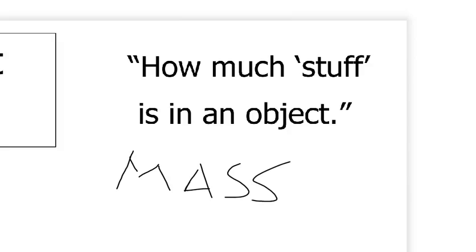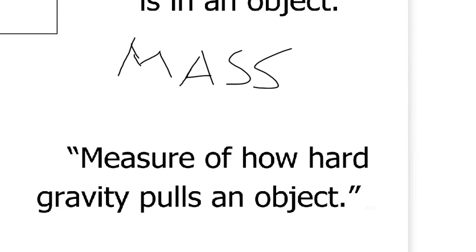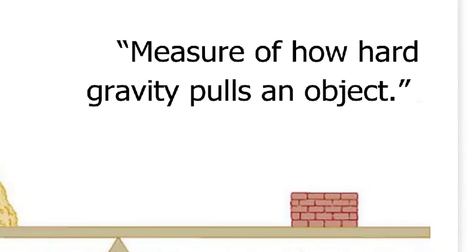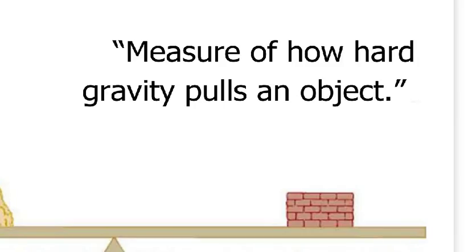The mass of the object is how much stuff is in it. So I guess that makes the next one pretty easy here. A measure of how hard gravity pulls an object. That is, of course, weight.